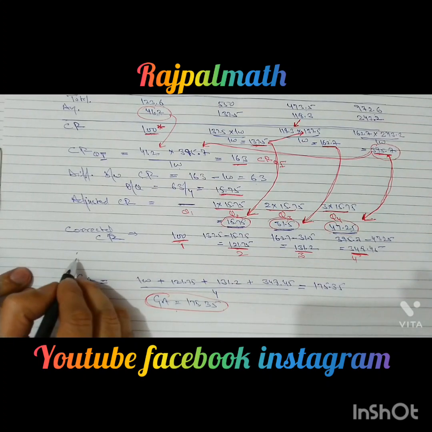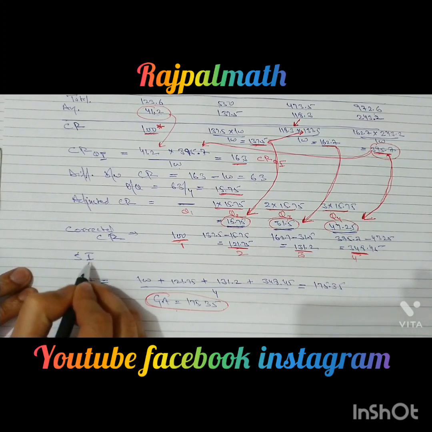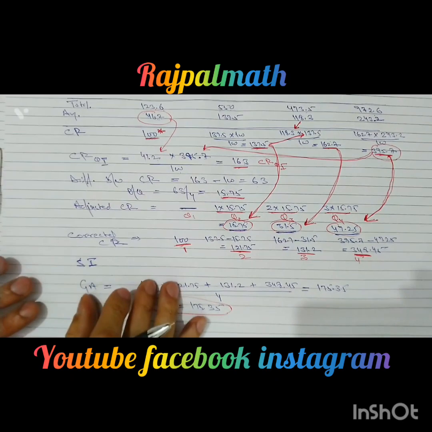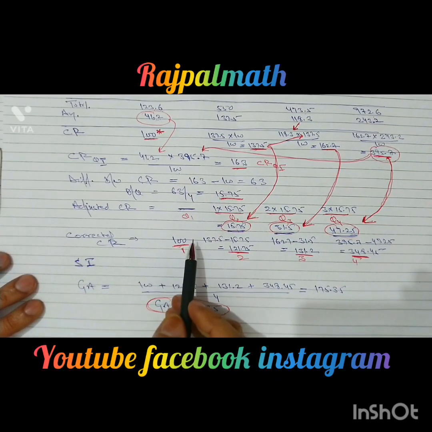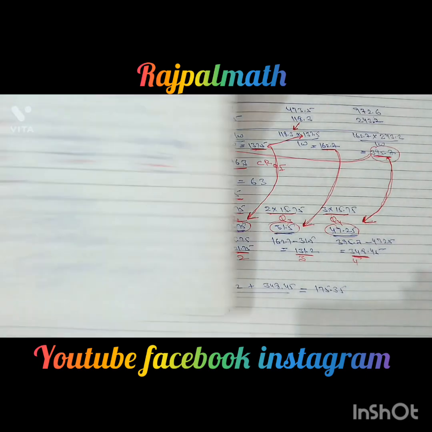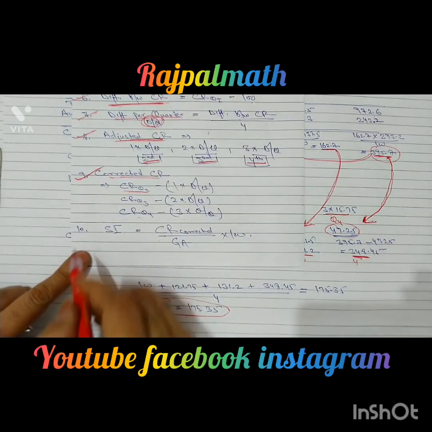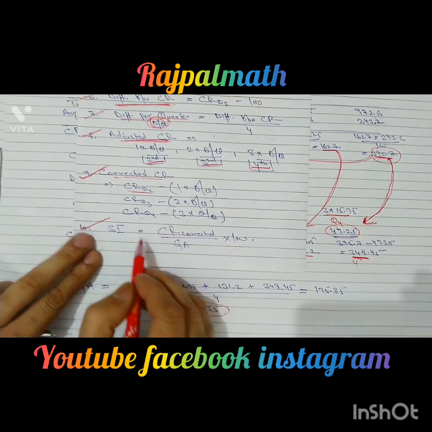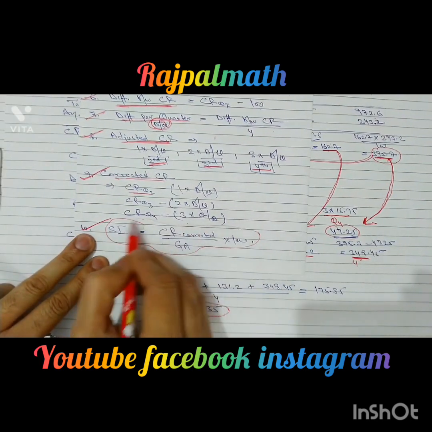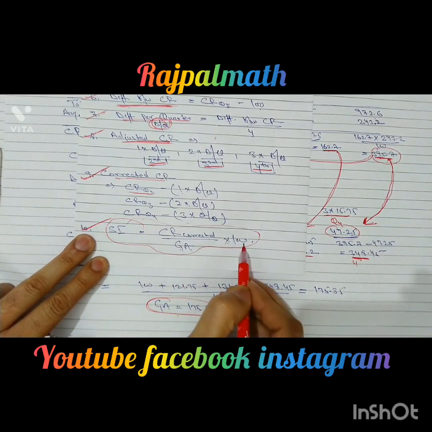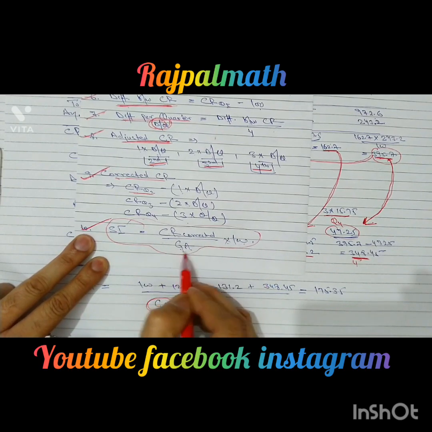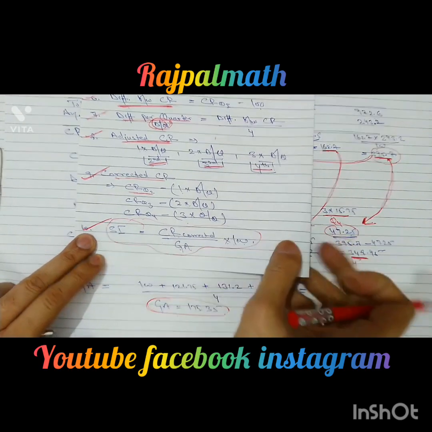Now find the last step, the seasonal index for the first quarter. Simple. The last step is the seasonal index: corrected chain relative divided by the grand average into 100 is the seasonal index.